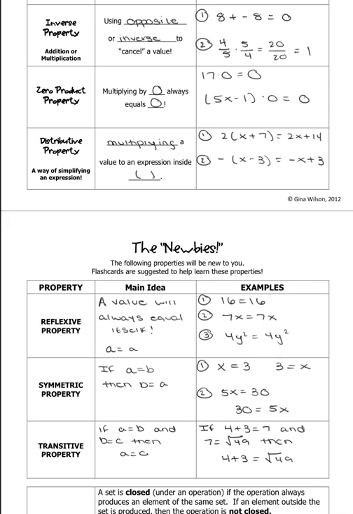So we have our if A: the 4 plus 3 represents our A, which is equal to 7, which represents our B. Then 7, which is our B, is equal to C. Then A, which is our 4 plus 3, is equal to the square root of 49. Basically, the transitive property is showing us different ways to get the same result.